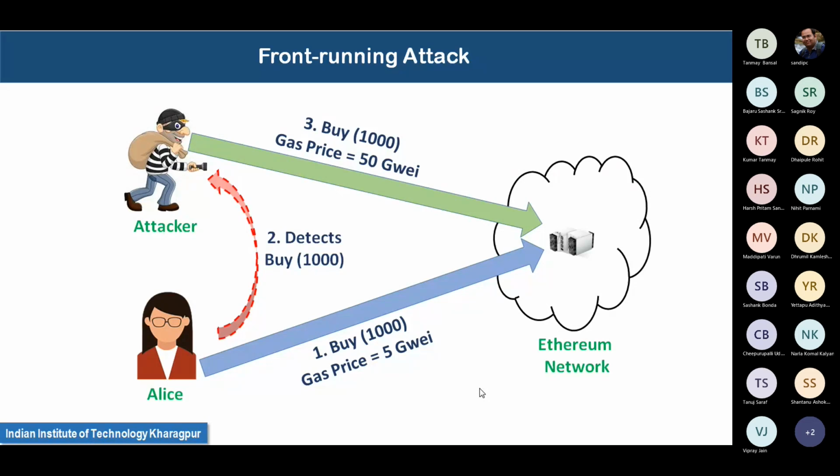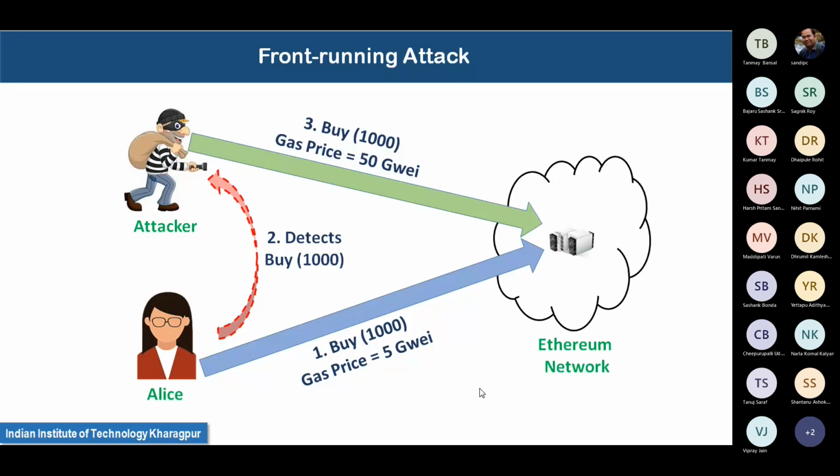This can be done because, say, Alice was willing to pay some gas price for including her transaction in the Ethereum block, say 5 Gwei, and now the attacker offers a higher gas price.